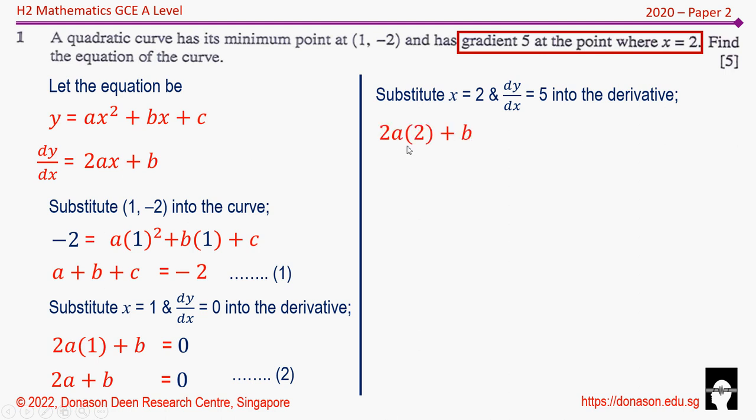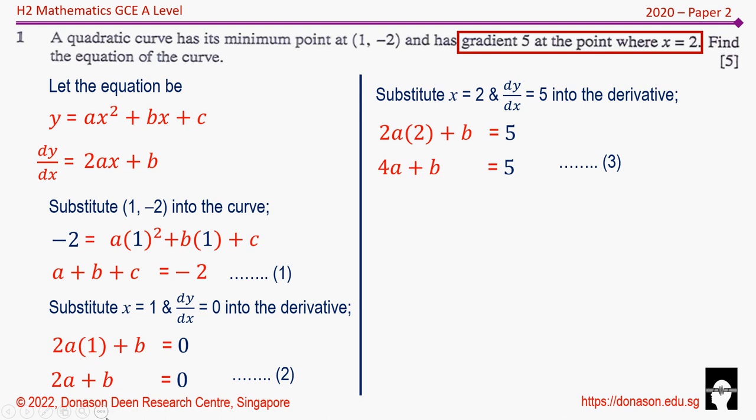So 2 times a times 2, plus b, should be equal to 5. Twice of 2 is 4, so 4a plus b should be equal to 5, and that would be the third equation. So now we have got equations 1, 2 and 3.